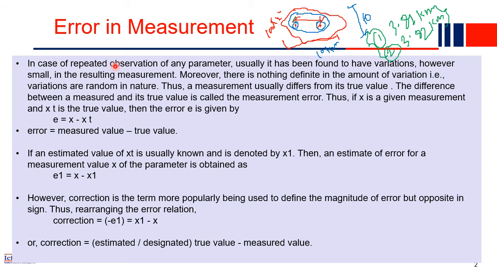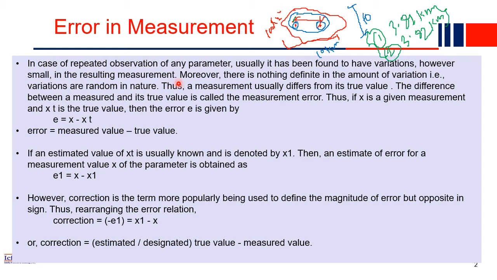In the case of repeated observations of any parameter, like this one, where every time you are measuring the length, it has usually been found to have variations. Every time, the measurement will have small variations: 3.81, maybe 3.811, next 3.815. There will definitely be a small variation in the resulting measurements, however small.